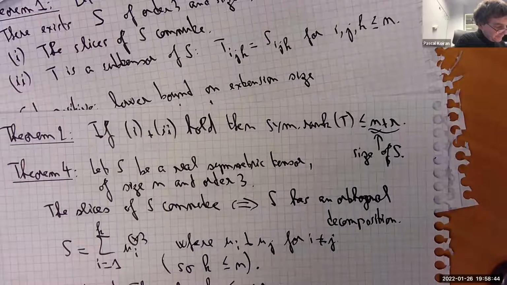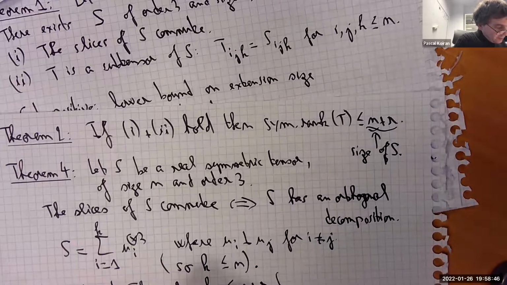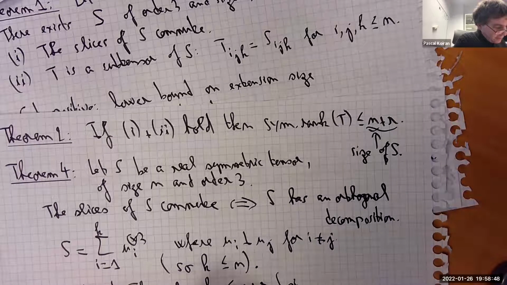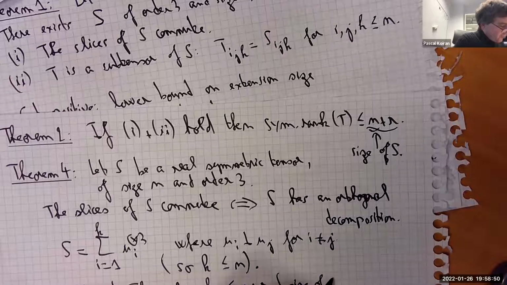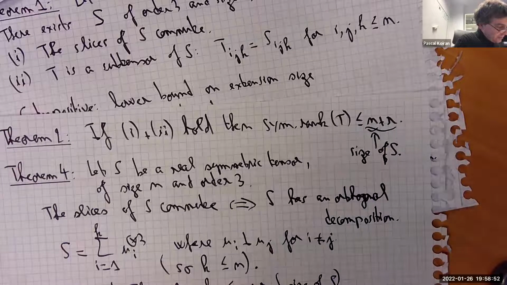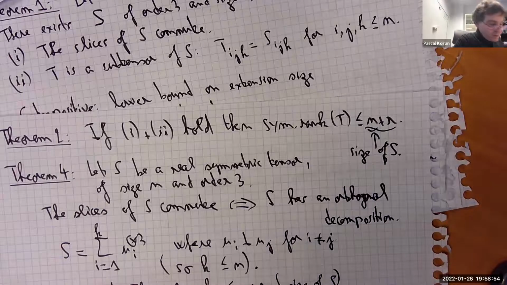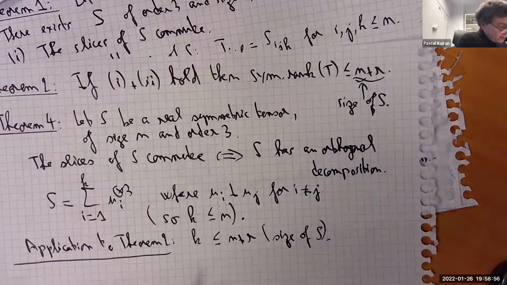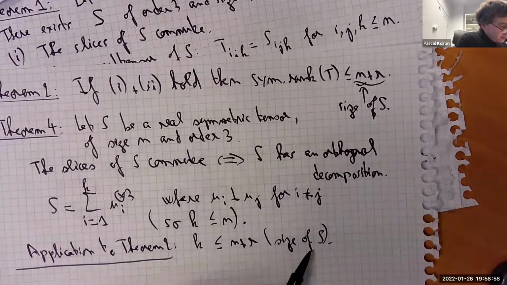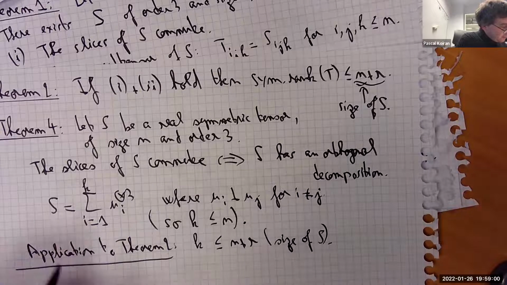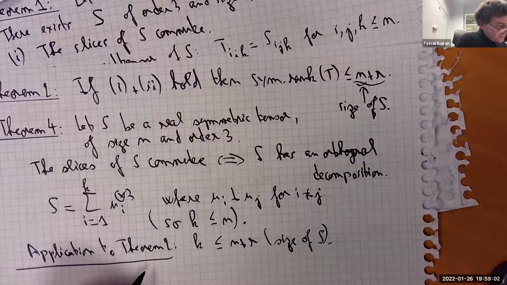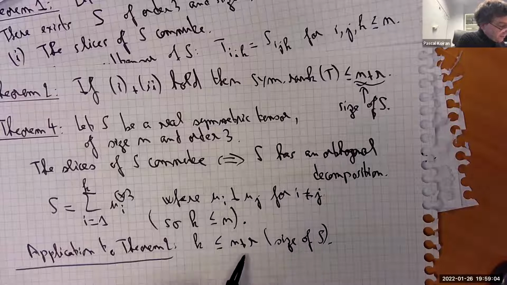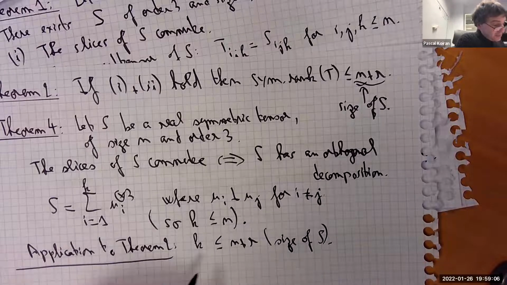That's the size of S. So I have switched notations here: n has become n plus r. This may be a little confusing, but anyway, the upshot is that the symmetric rank of S is at most n plus r, and T is a subtensor.